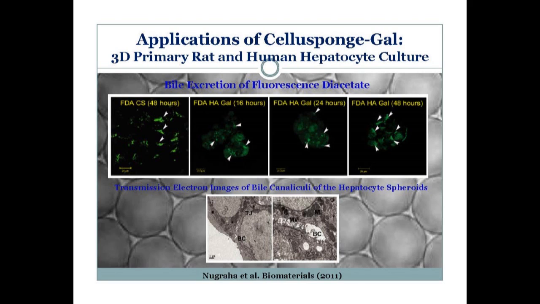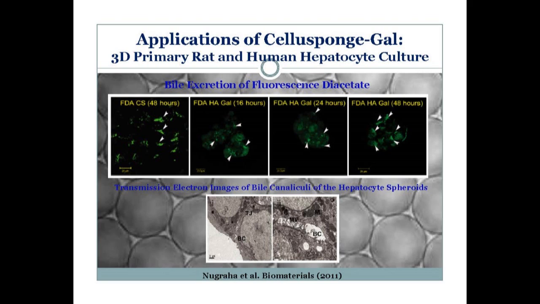The rest of the pictures are of Cellosponge galactose, starting from 16 hours post-seeding, 24 hours, and 48 hours. It is a lot faster than that reported in collagen sandwich, which normally occurs between 48 hours to 72 hours post-seeding.